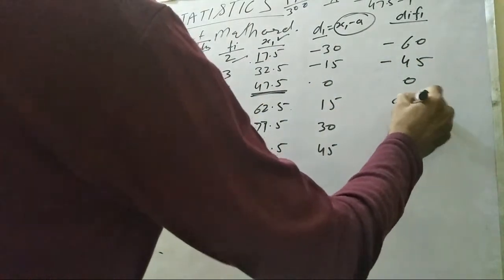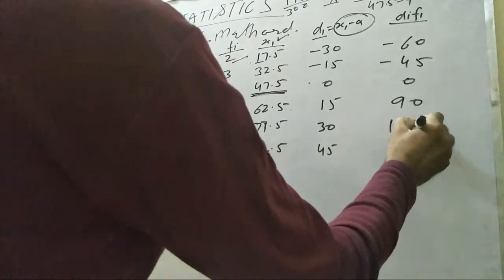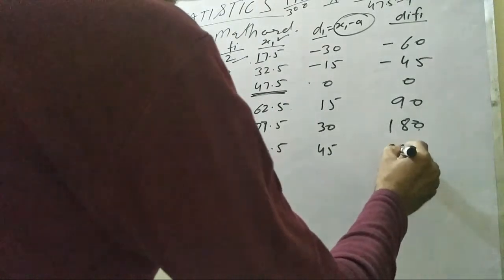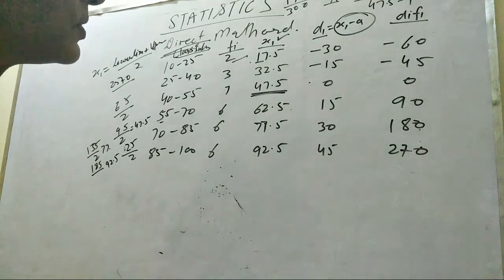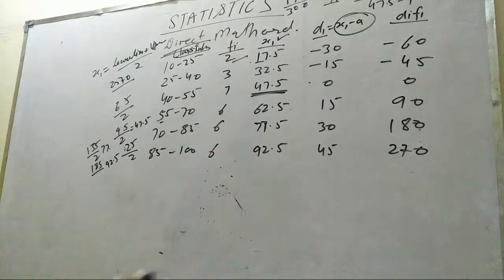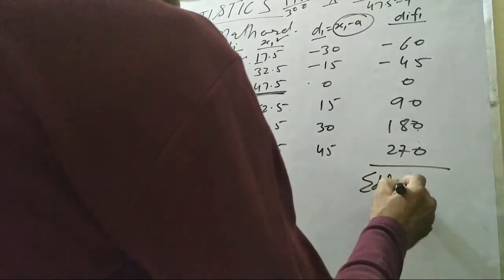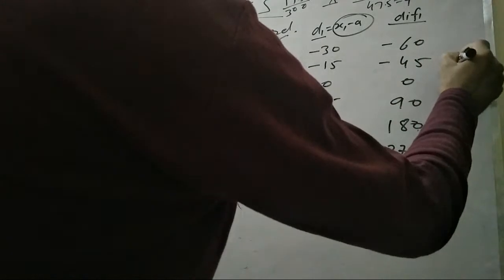15 की 90, and 180, 30, 24 और 27. These are the data, and we find the sum sigma f1 d1 and f1 is equal to 105.